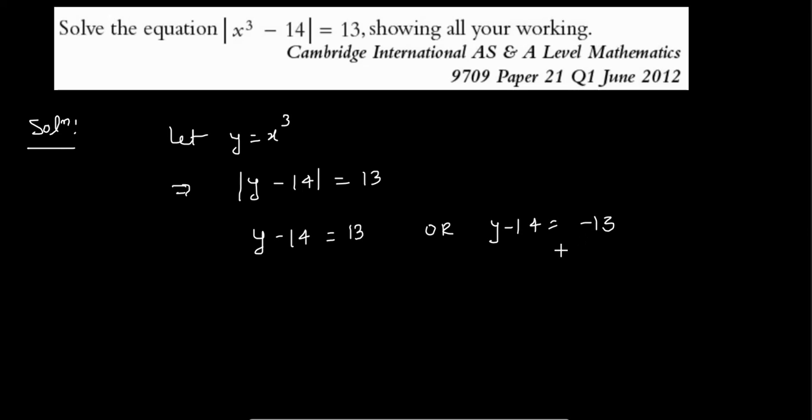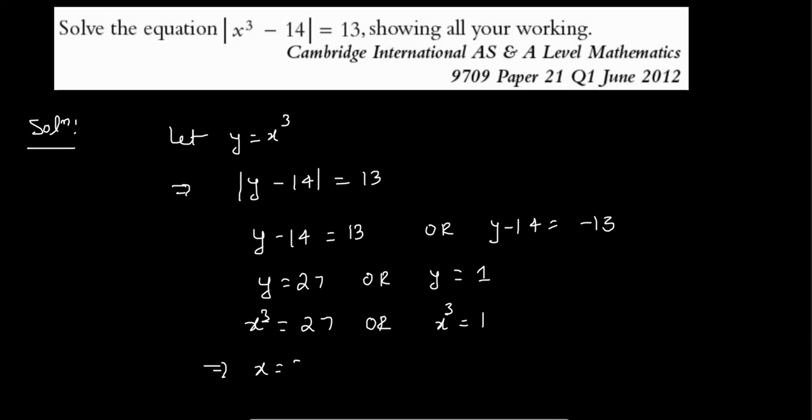This implies our equation is now modulus of y minus 14 is equal to 13. Now this is a piece of cake: y minus 14 is equal to 13, or y minus 14 is equal to minus 13. That means y is equal to 27 or y is equal to 1. Replacing y with x cube, x cube is 27 or x cube is 1.